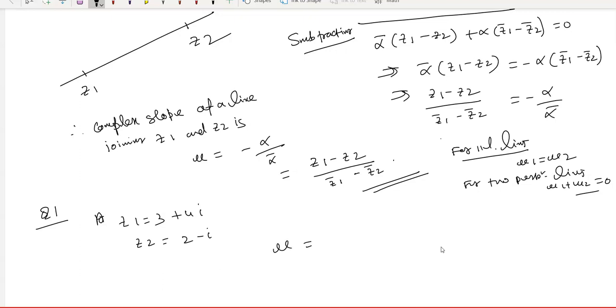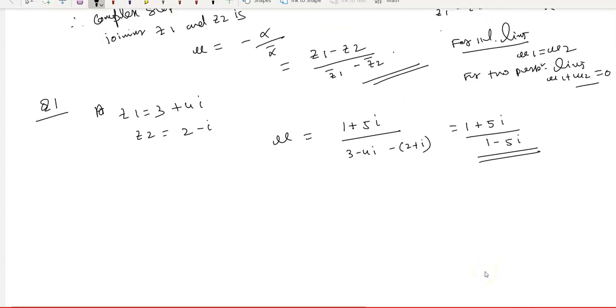Mu will be equal to Z1 minus Z2, which is 1 plus 5i, by Z1 bar minus Z2 bar. Z1 bar is 3 minus 4i, so mu is 1 plus 5i by 1 minus 5i. This is the complex slope of the line joining the two points Z1 and Z2.